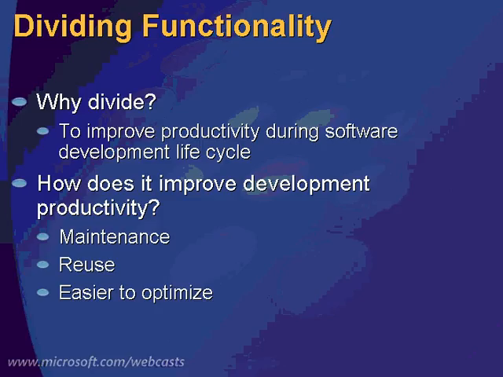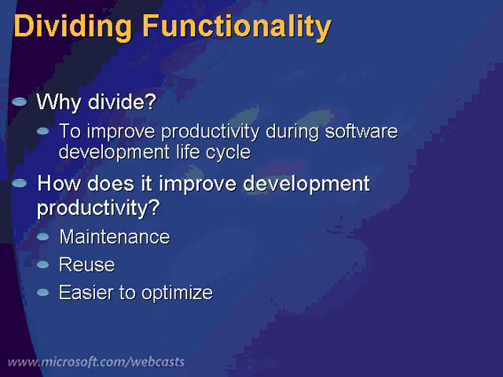And so that's when you really start thinking, maybe I should divide my functionality into separate tiers or separate components so that I can improve my productivity during the software development lifecycle, and then be able to share it across other applications, or across multiple web pages within my application, or even better yet, be able to write the code once and then make it accessible to other developers within my organization who may or may not be working on the same project, but may yet have need for the same functionality you've already written.